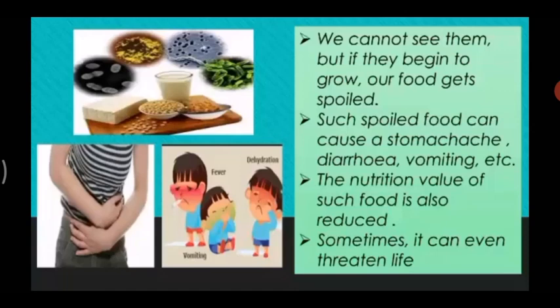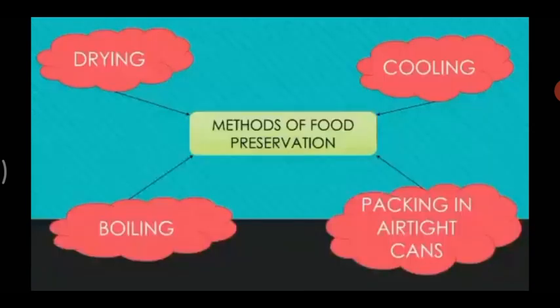Okay, let's move forward. Now, in the beginning of the chapter, we have already seen that we can preserve the food and save it throughout the year, and we can use it whenever it is not available. Even when we preserve and store it, we can use it throughout the year.